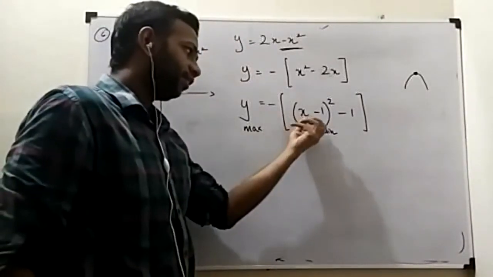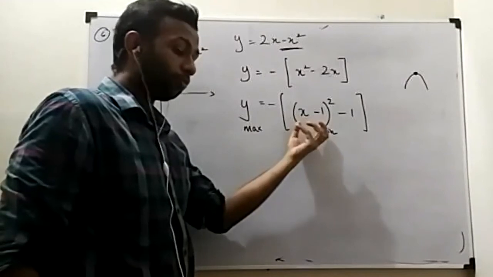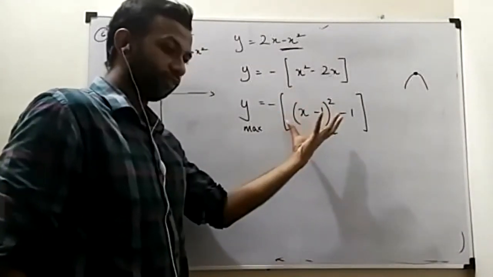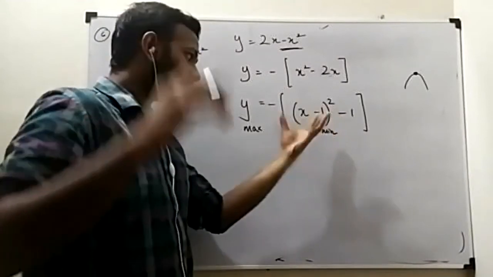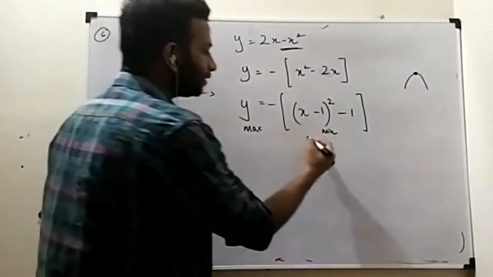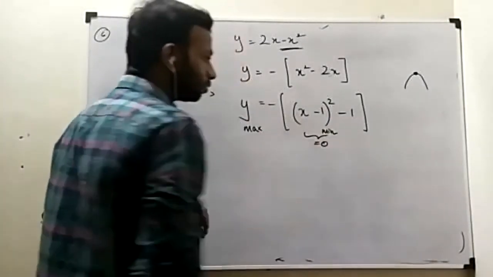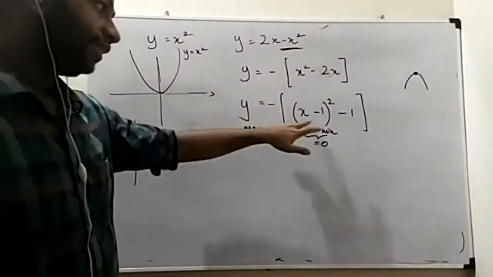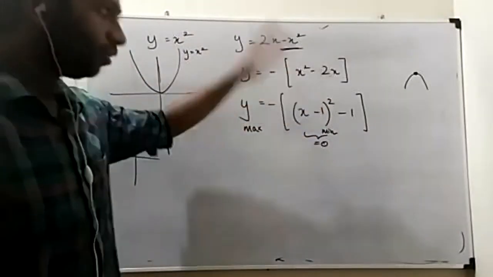Even if the inner value is a negative value or a positive value, because it's a square, the square of this will always be a positive value, greater than or equal to 0.